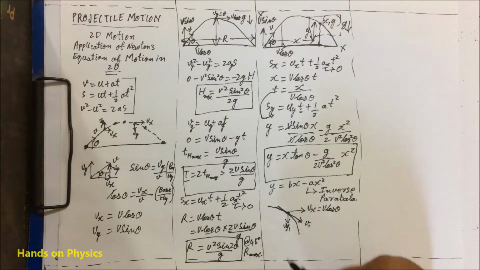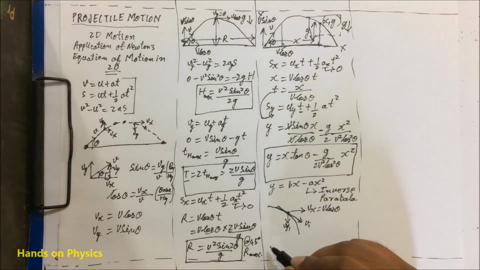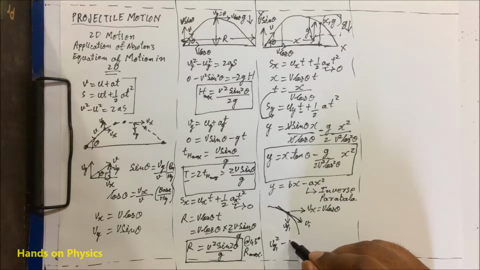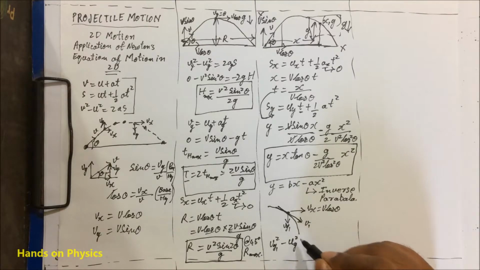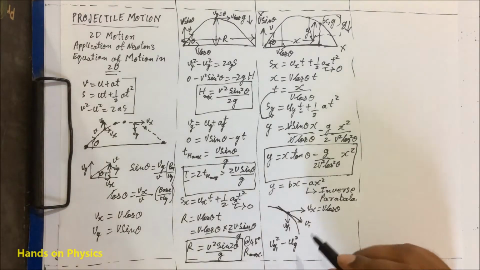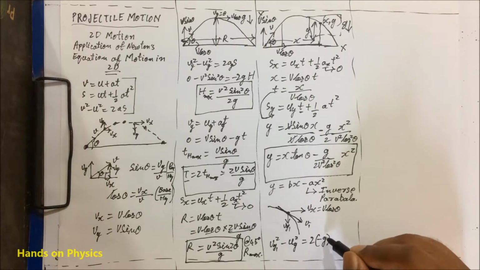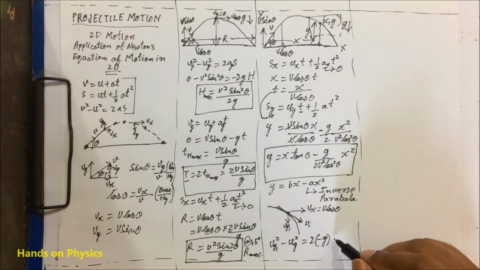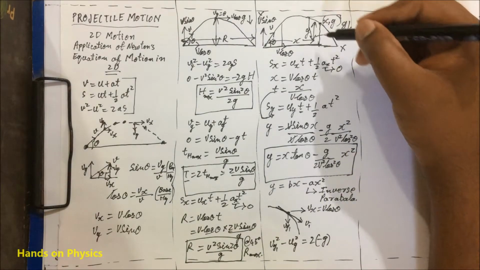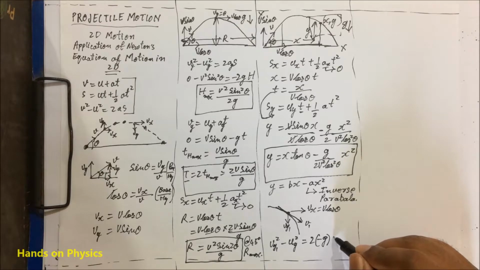be found using the third equation, that is vy1 square minus uy square, that is the initial velocity in y direction, is equal to 2 times a, that is acceleration, which is minus g, times s, or s in this direction is y only, so 2y.